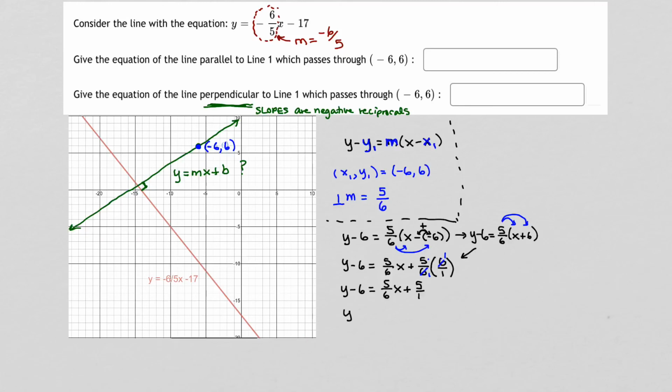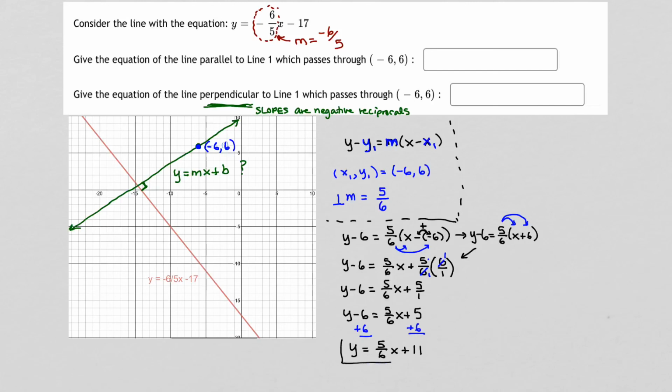I have y minus 6 equals 5/6x plus 5. And my last step is to isolate for y, so I'm going to add 6 to both sides. And so that tells me that I have y equals 5/6x plus 11.